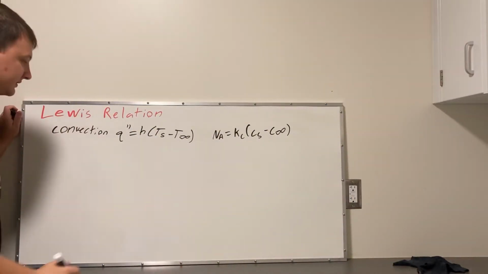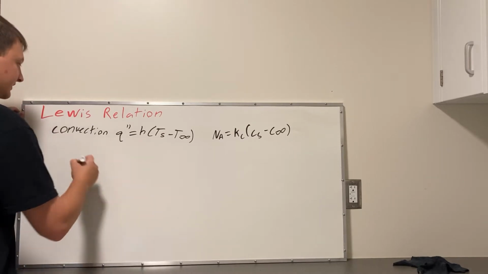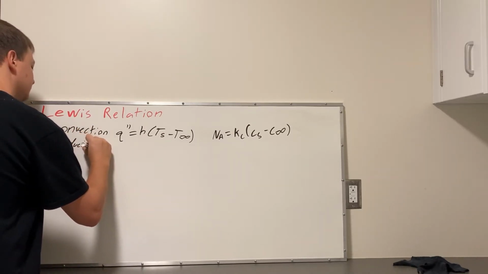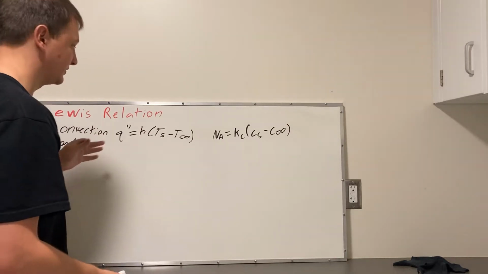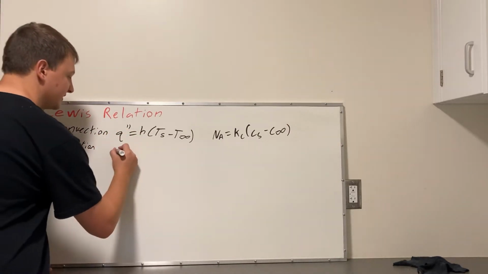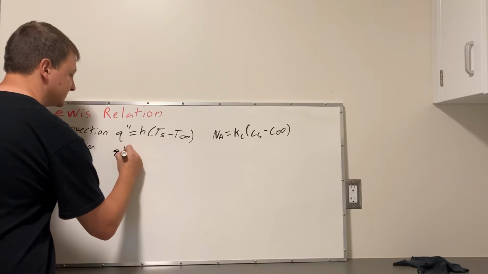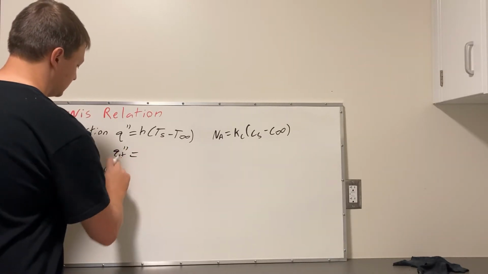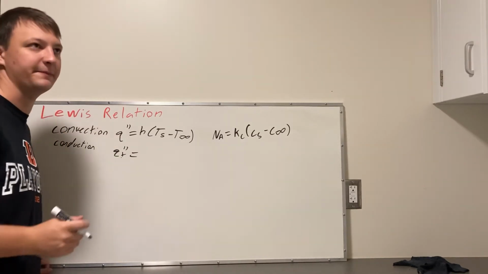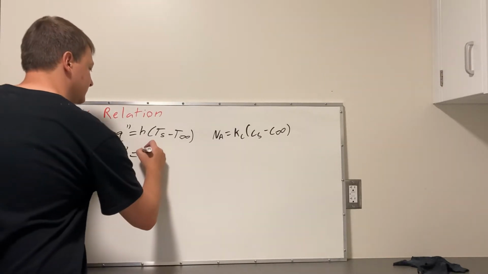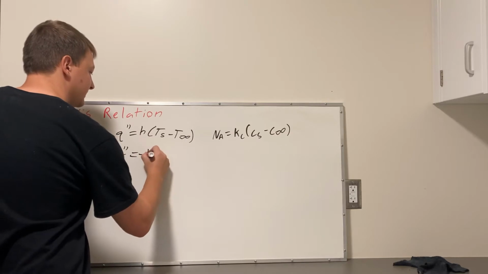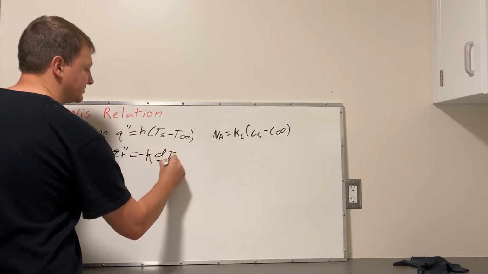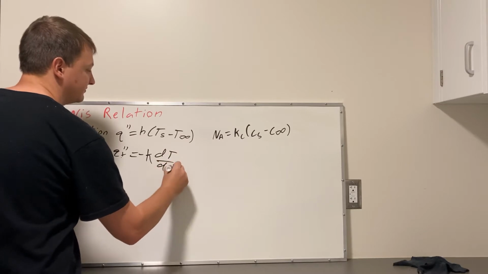For conductivity or conduction, we have again a similar two equations. You have the heat transfer for this, which is slightly different. It's the negative conductivity times the change in temperature over the change in position.